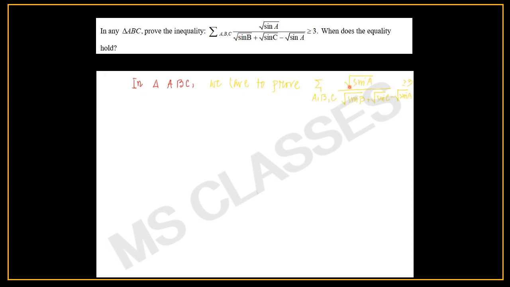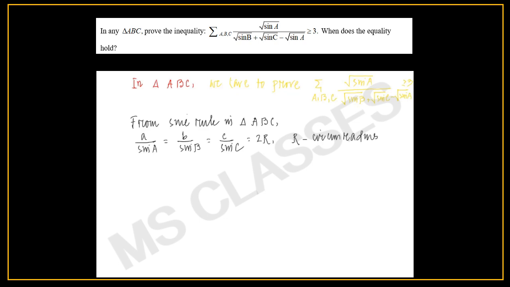So we apply the sine rule in triangle ABC: a by sin A equals b by sin B equals c by sin C equals 2R, where R is the circumradius.